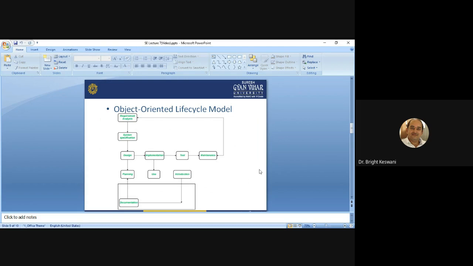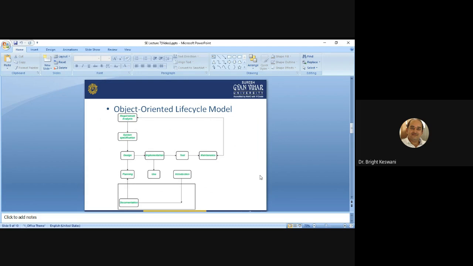The object-oriented lifecycle model is a very important model, and there are several major advantages of it. The first advantage is that design is no longer carried out independently of the later implementation, because during the design phase we must consider which components are available for the solution of the problem. Secondly, design and implementation become more closely associated.